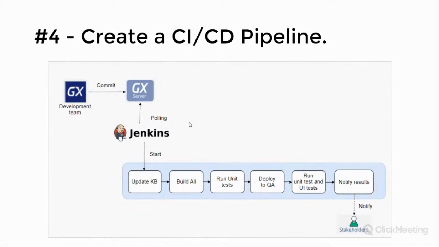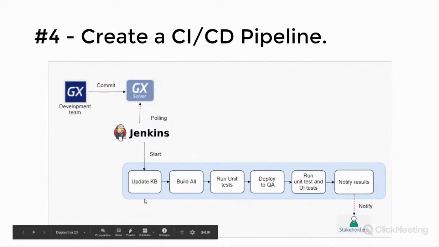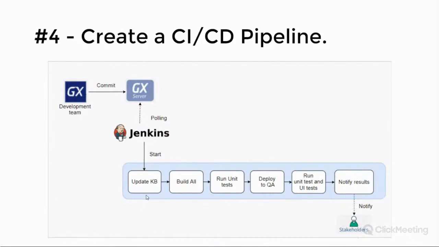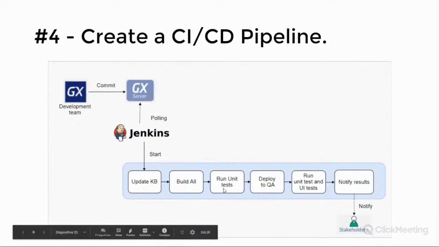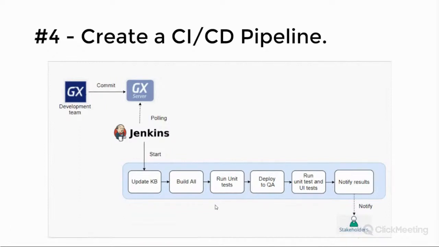This change will be integrated in a central repository doing the following steps. The first step is to update the KB. You can configure this task with MSBuild or with the GX server plugin in Jenkins. The next step is to build all the KB, and after that you run the unit tests. Up to this step, this is a basic sequence of continuous integration.